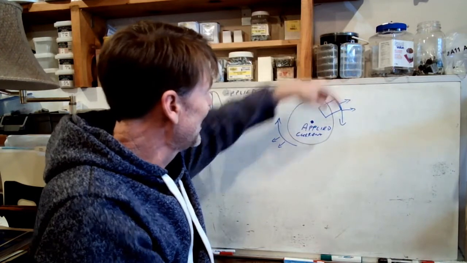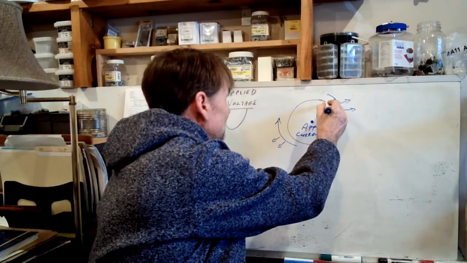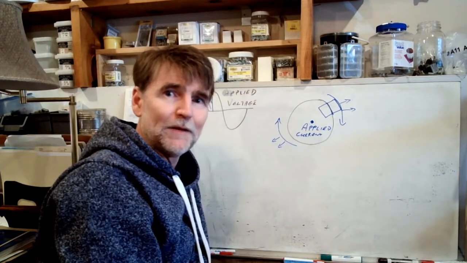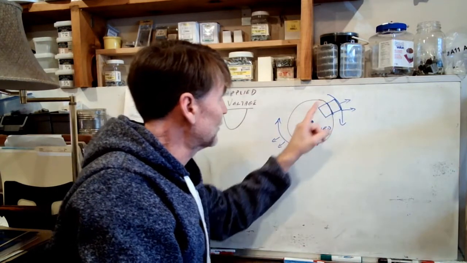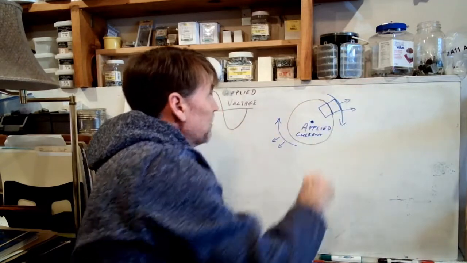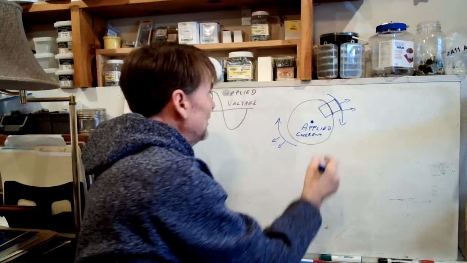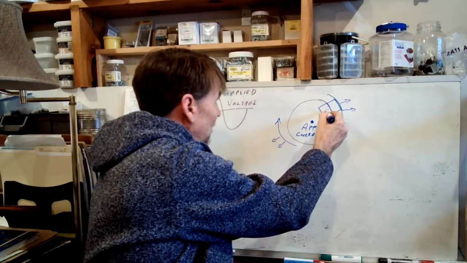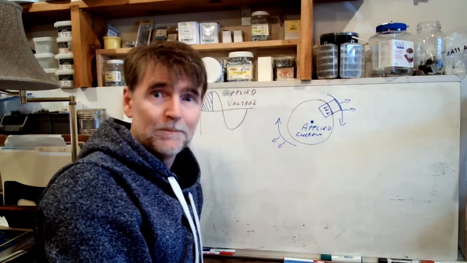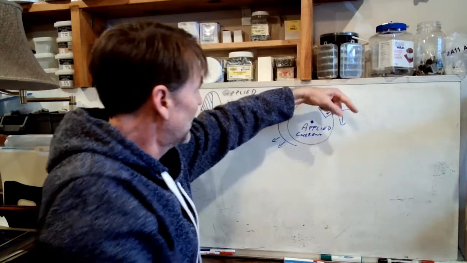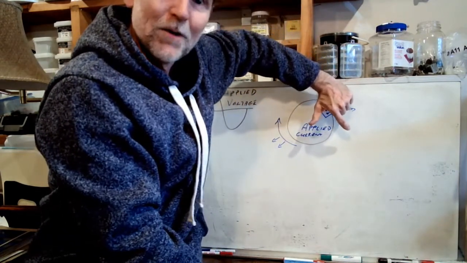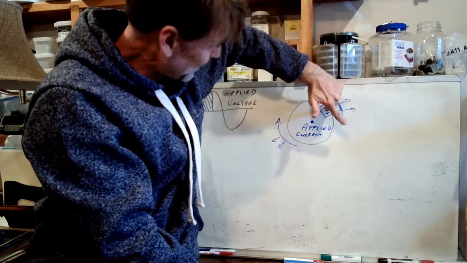Well, which way is this conductor moving relative to that expanding magnetic field? The lines of flux are going that way, which means that the relative motion of the conductor is that way. Okay, so there are the lines of flux. There's the direction of the relative motion. There's the direction of the induced current.